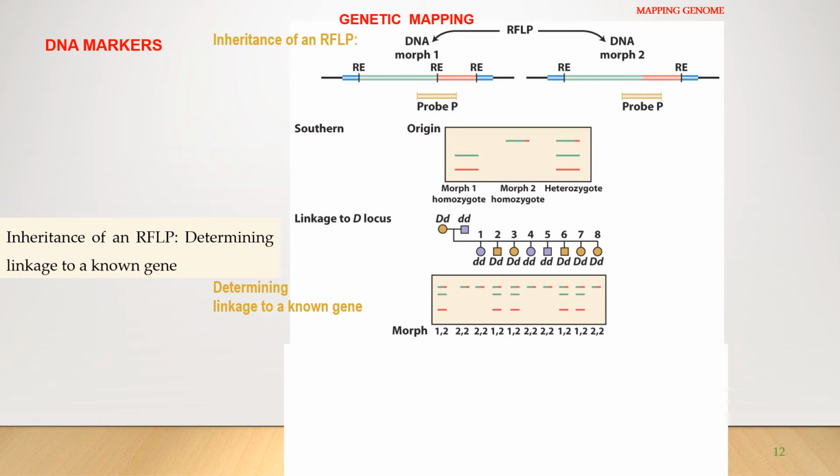That means, as per the profile interpretation, individual 8 should be homozygous. However, the pedigree shows the person as infected. With this, it can be interpreted that the eighth progeny is a recombinant.